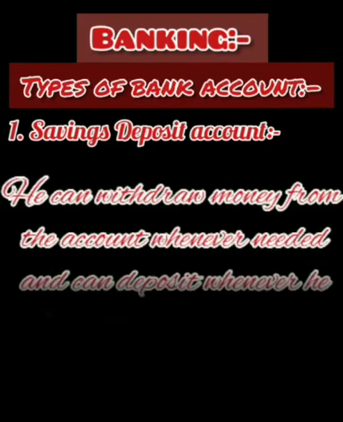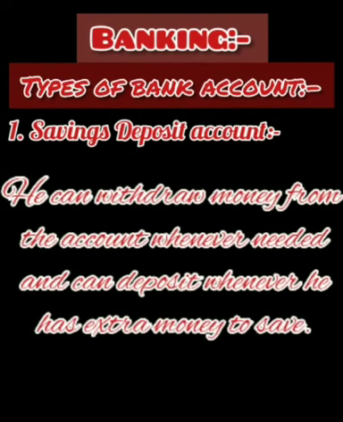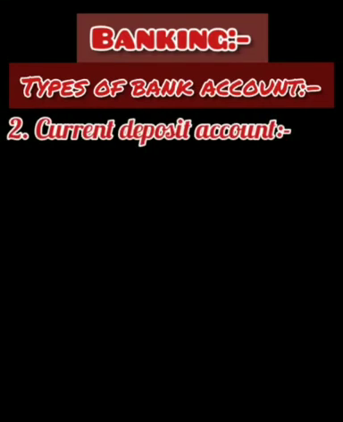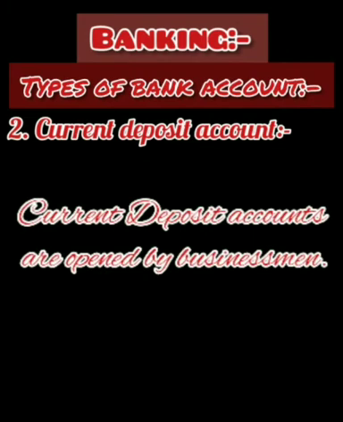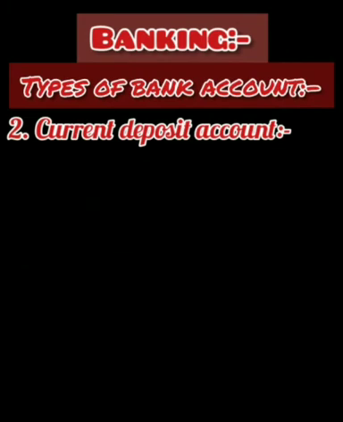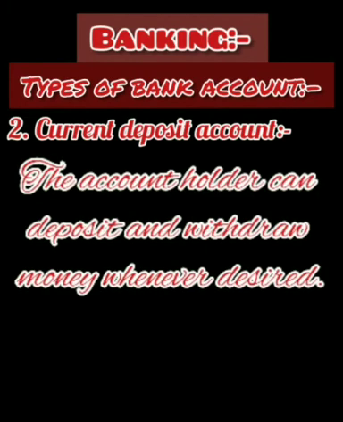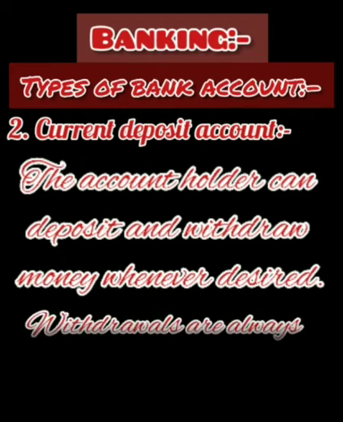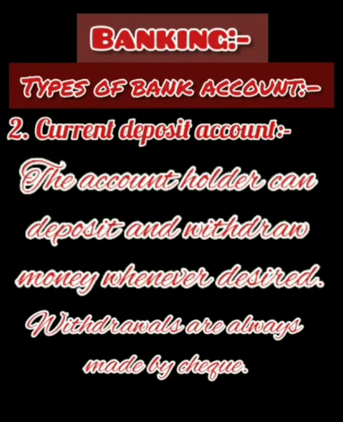He can withdraw the money from the account whenever needed and can deposit whenever he has extra money to save. Number two, current deposit account. Current deposit accounts are opened by businessmen. The account holder can deposit and withdraw money whenever desired. Withdrawals are always made by check.